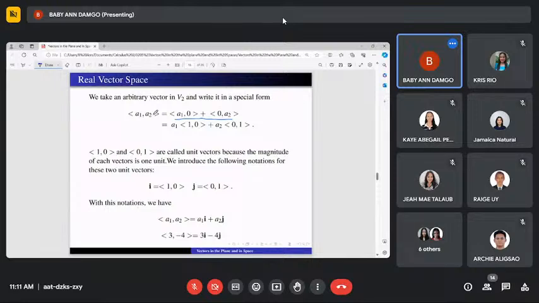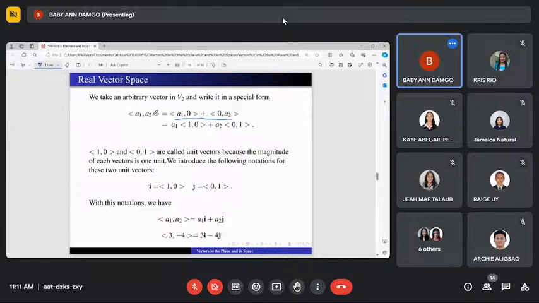Okay? So, another notation. For example, we have the vector 3, negative 4. We can write it as 3i minus 4j. This is 3i plus, since the a sub 2 is negative 4, it becomes 3i minus 4j.